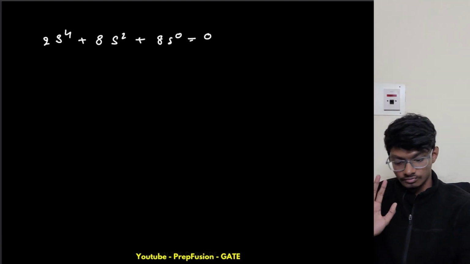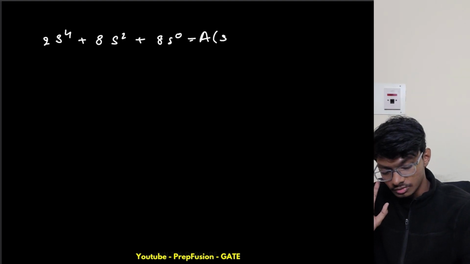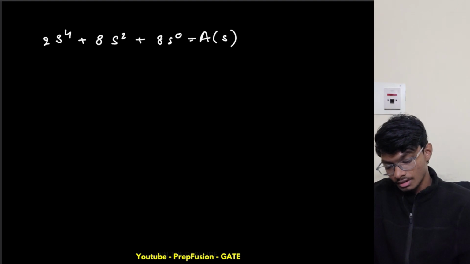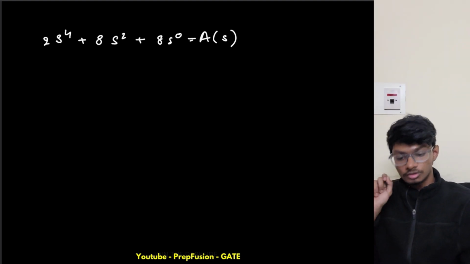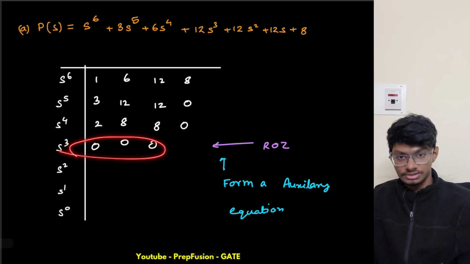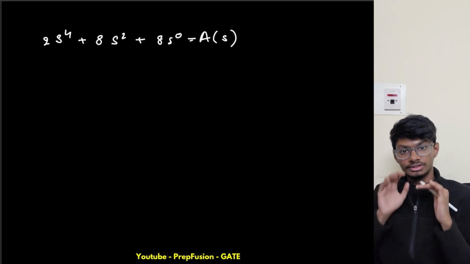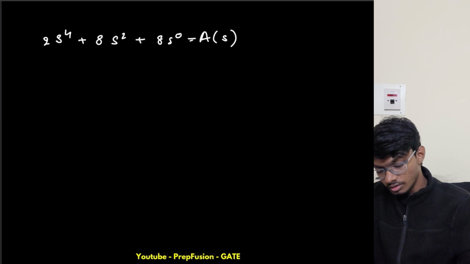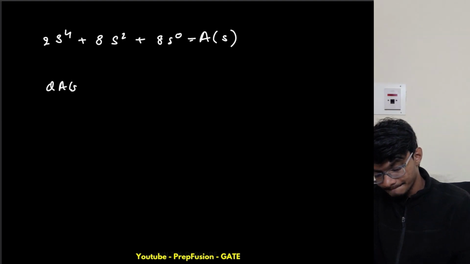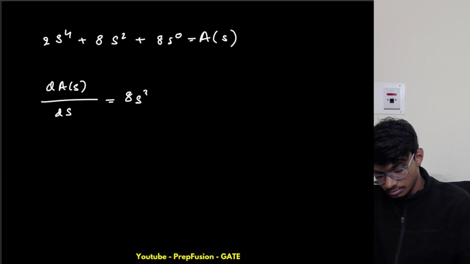Now I will not equate this with 0. This will be my auxiliary equation, and I will name this polynomial A(s). Now what will be the coefficients of the row of s to the power 0? Basically, the differential of the auxiliary equation will give the coefficients of the s cube row. So I just differentiate this auxiliary equation: dA/ds equals 8s cube plus 16s plus 0, because the last term is a constant.